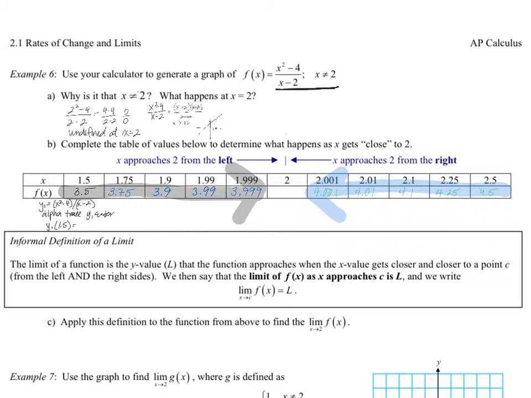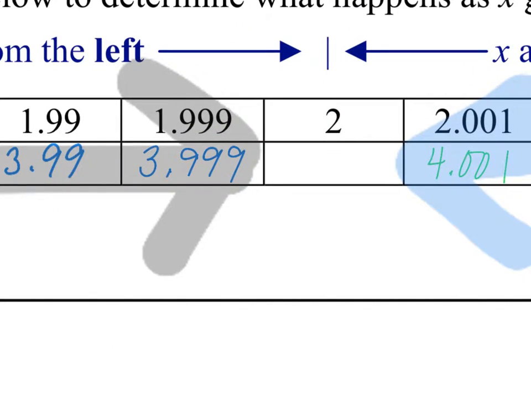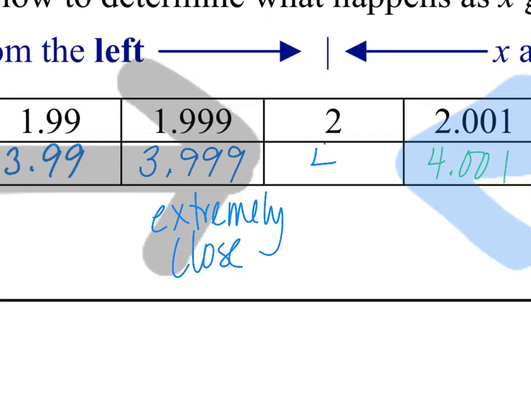As I get closer and closer to 2, I'm getting extremely close from both sides. I'm within a tenth, a hundredth, a thousandth of 2. So that's extremely close, and so I'm approaching 4. And that's the concept of a limit right there.